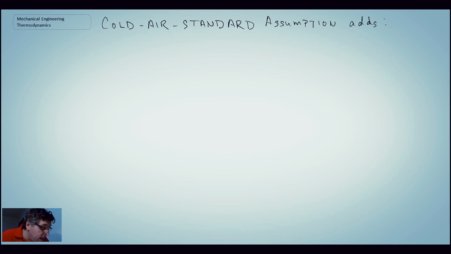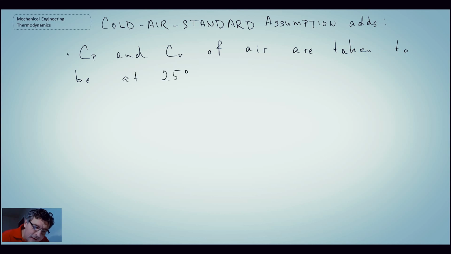What the cold air standard assumption means is we assume something about the specific heats, and that is that Cp and Cv of air are taken to be at 25 degrees Celsius and constant.